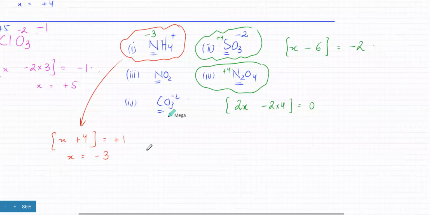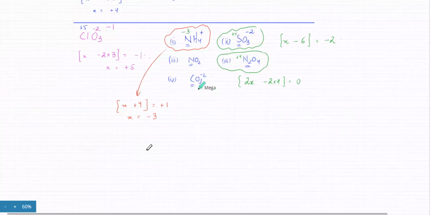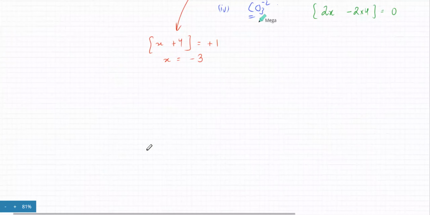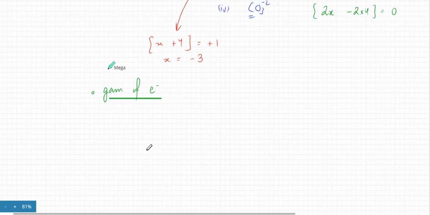I said, why are oxidation states important? Because you're going to try and figure out the change in oxidation states. Basically, you want to figure out who's gaining electrons, who's losing electrons, right? So what happens to the oxidation state when electrons are gained? If something is gaining electrons, would it become more positive or more negative? More negative, right? So that means the oxidation state would decrease.